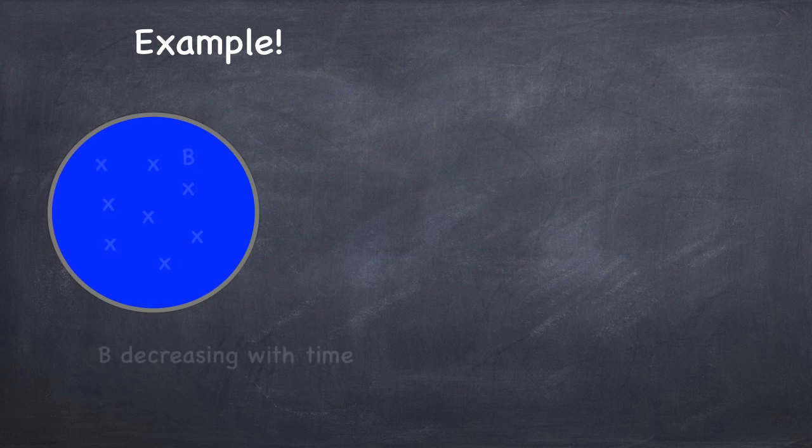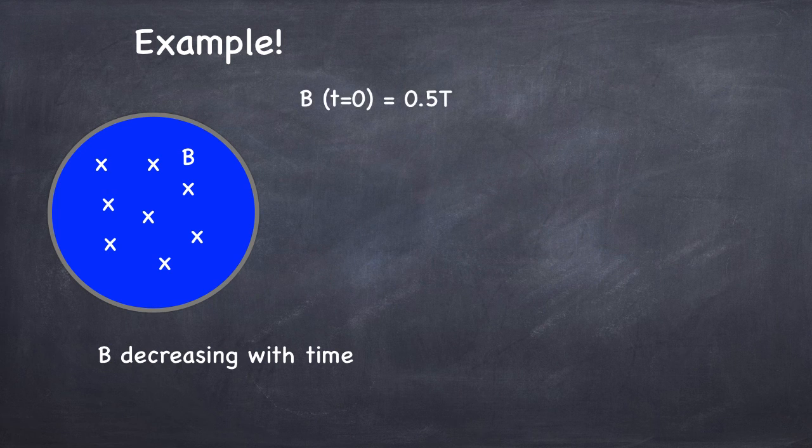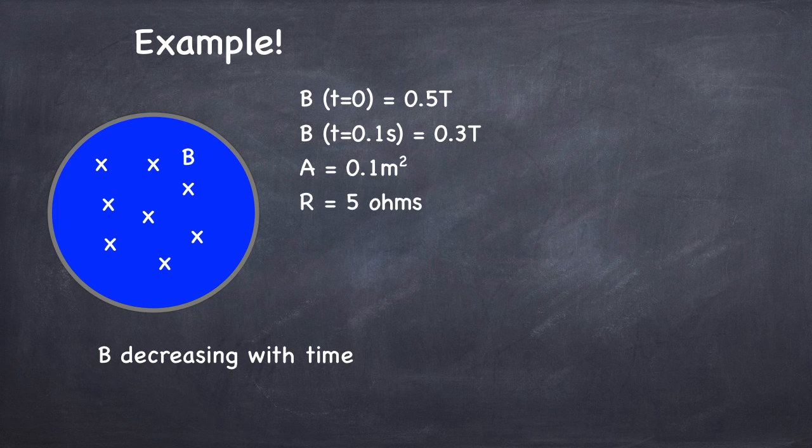Imagine I have a solenoid or something that creates a magnetic field into the page, but decreasing with time, so that initially the magnetic field is half a Tesla. A tenth of a second later, it's gotten down to 3/10 of a Tesla. It's got an area of a tenth of a square meter, and let's just, for the sake of argument, assume that the resistance of the wire is 5 ohms.